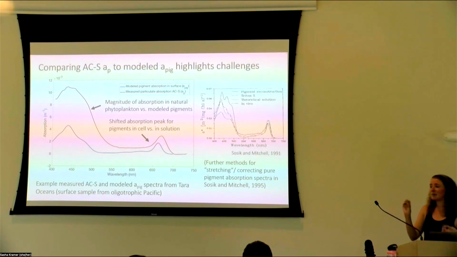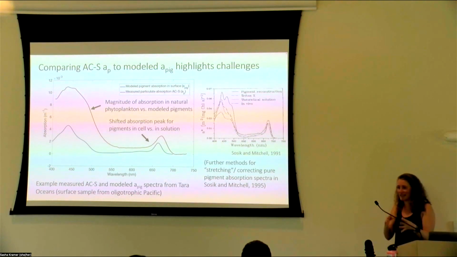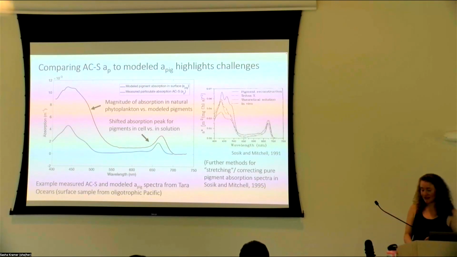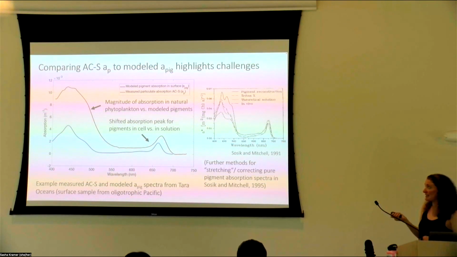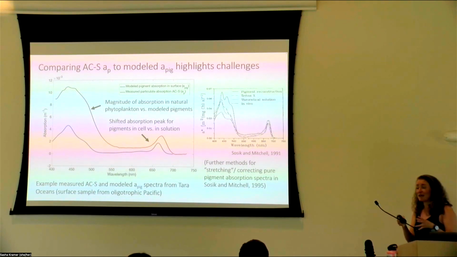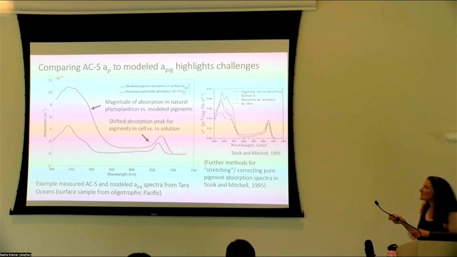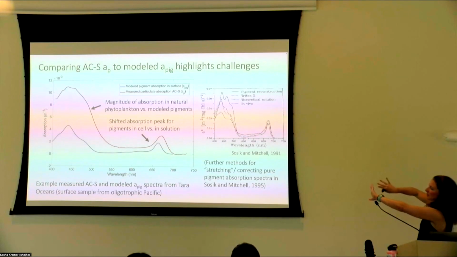So you're not comparing apples to apples, even though you think that you're thinking about, in both cases, pigment absorption in a cell relating to phytoplankton. You're getting really different answers, both because of what you're measuring, right? So you're measuring all particulate absorption for the ACS, but also in terms of how those measurements were created and standardized. So in solvent right here, so you're not measuring it in the cell or in water, you have this shifted absorption peak. So if you're going to compare these types of measurements and maybe use something like absorption line height to compare to your HPLC measurement, you might have to shift the spectra and kind of push it in the middle.